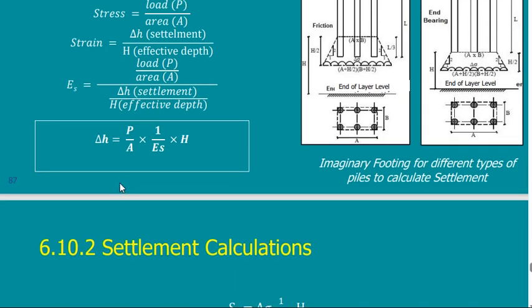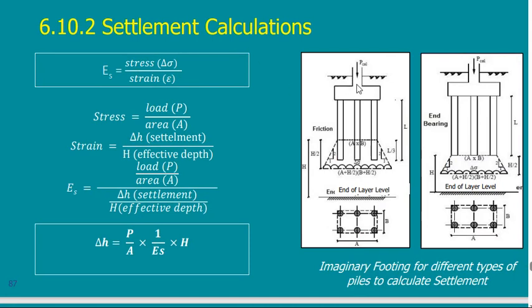Delta H is the additional stress coming from the piles, from the column. This load divided by the area, it will give you, no, I'm sorry, delta H is the settlement. P over A is the additional stress. P is the load coming from the column.